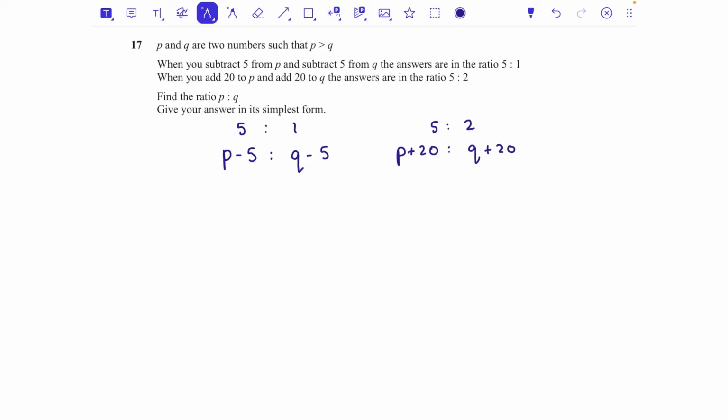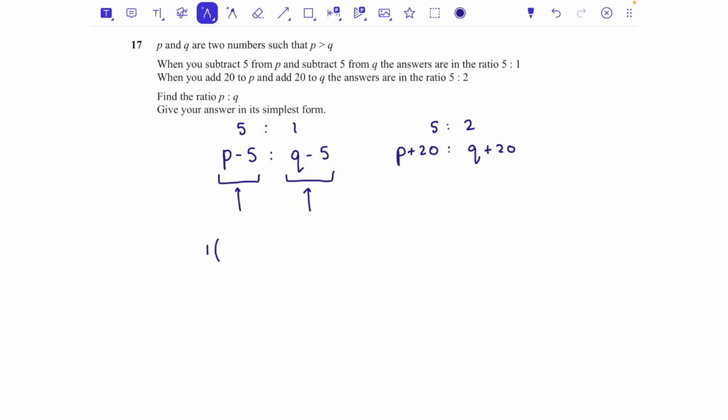Now, I actually want to change these into equations, and we can do that. So this is where people often get a little bit thrown. This value here is 5 times bigger than this one. So if you wanted to make an equation and make them equal, you would need to make this value 5 times bigger and make this value 1 times bigger. So it's almost like you multiply the other way round in order to make them equal.